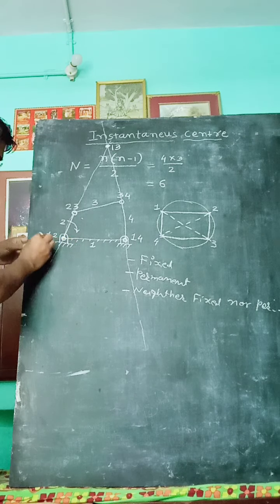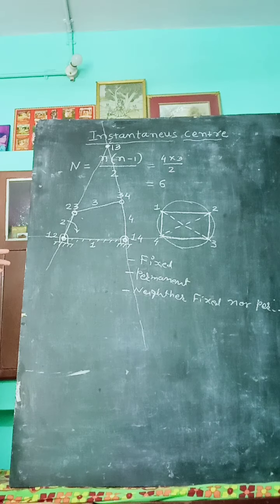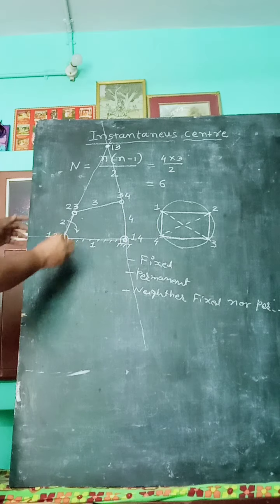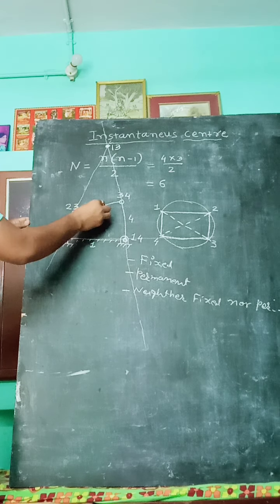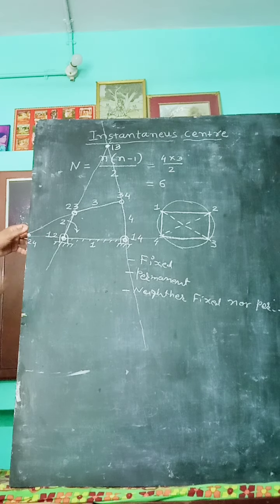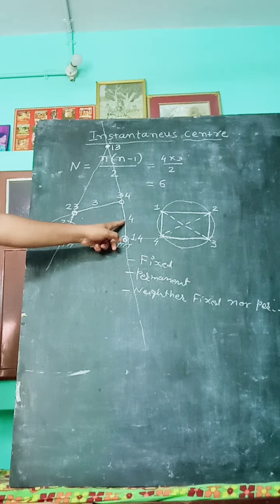So extend them. And 2, 3 and 3, 4. So extend it. When we extend it, here we have instantaneous center 2, 4. So this is going to control the motion of link 2 and link 4.